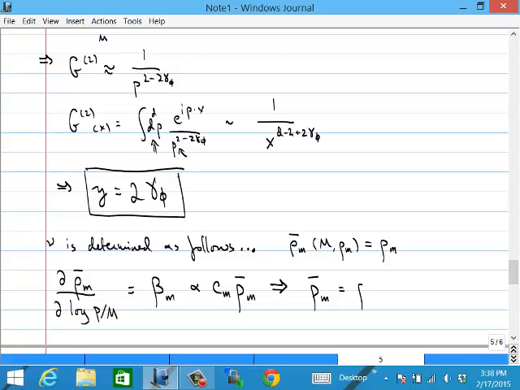And the solution is rho m bar is equal to rho m, the value of the coupling at the renormalization scale capital M, times whatever powers of the momentum you need in order to solve that equation.